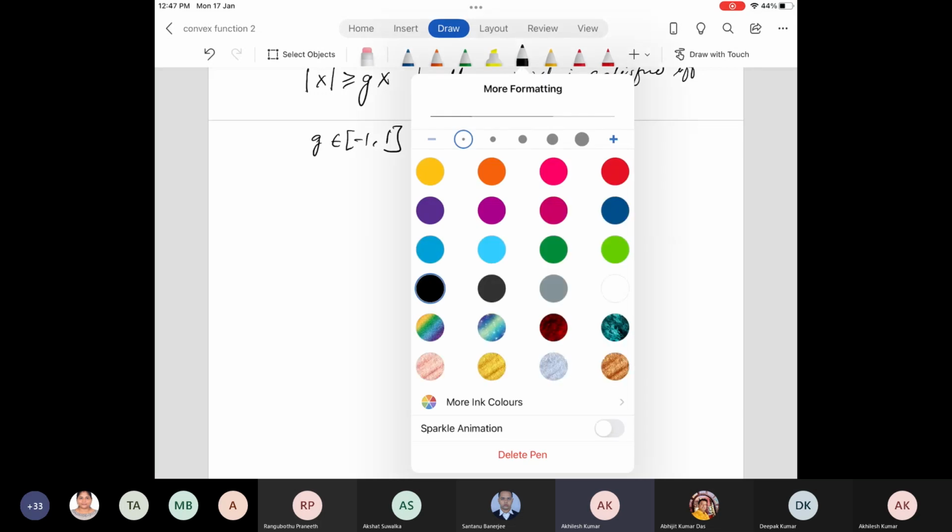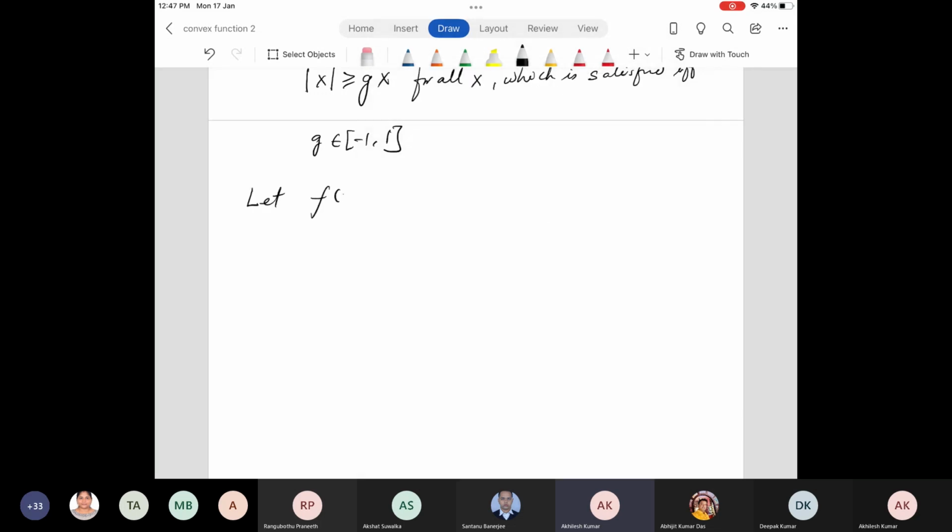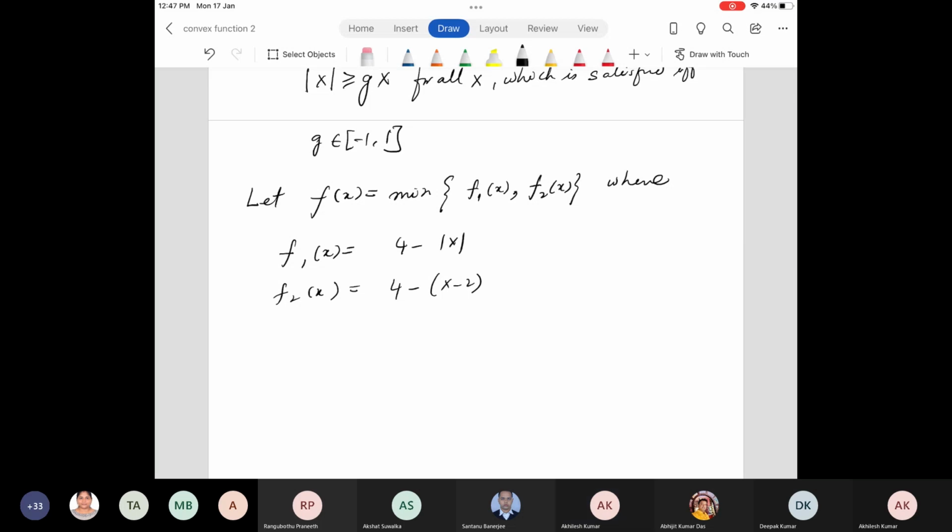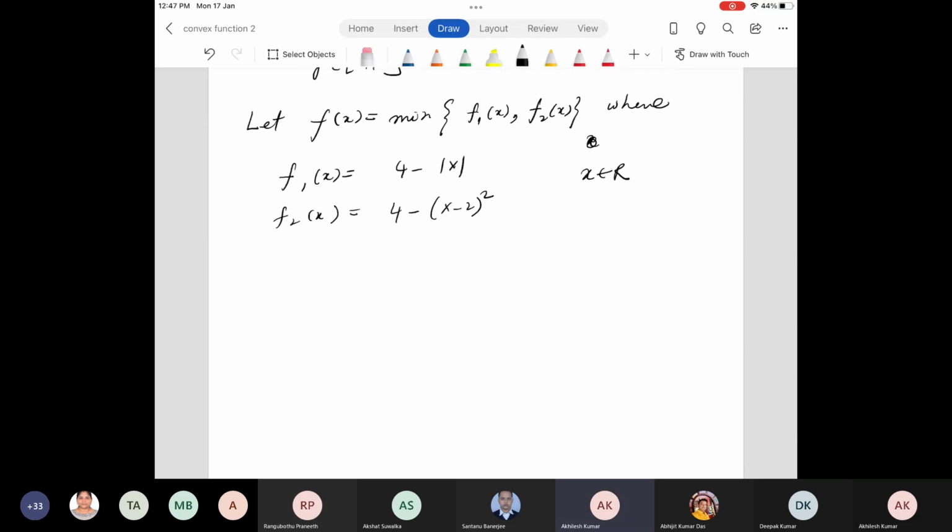So suppose f(x) equals minimum of f1(x), f2(x), where f1(x) equals 4 minus mod of x and f2(x) equals 4 minus (x minus 2) whole square, where in both cases x belongs to R. Can you draw these functions and tell me about the gradients and subgradients at different points?